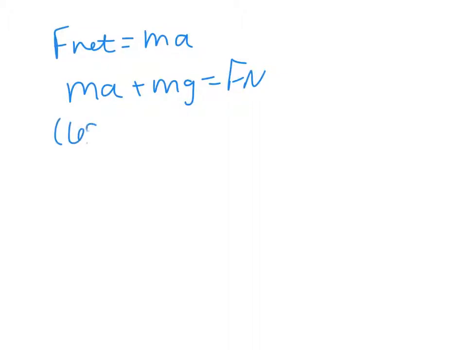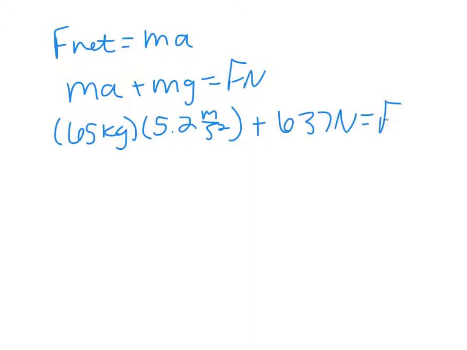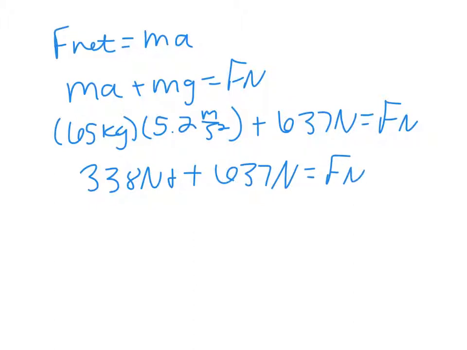So mass, 65 kilograms, times unrounded 5.2 meters per second squared, plus my weight, 637 newtons, equals the normal force. 65 times 5.2, so this is 338 newtons. Again, meters per second squared is the same as newtons per kilogram. Those units will become newtons. Plus 637 newtons equals Fn.